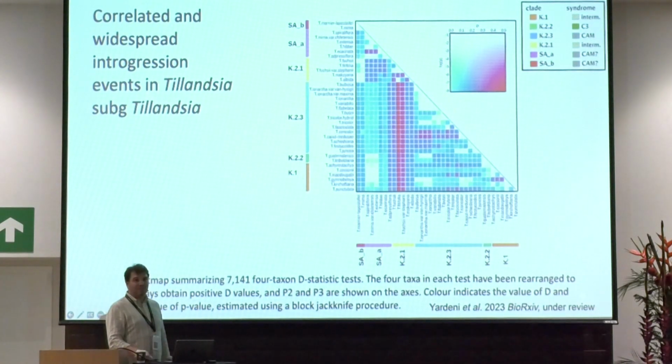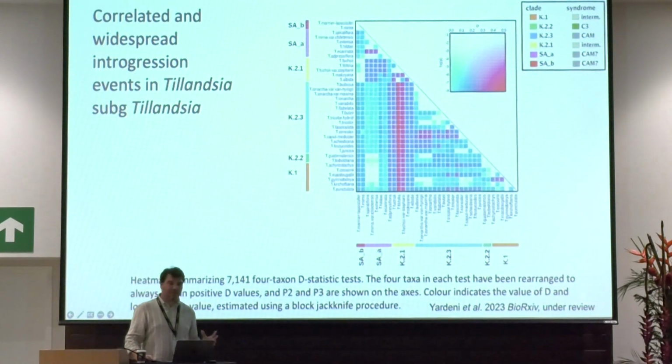Some of the signals, as you can perhaps notice, are consistent, for example, between members of the K21 clade, which is this additional clade, different than the other K clades, right? So the members of K21 clade and the members of the other K clades, indicating that maybe there is some kind of ancestral nature of this introgression event.